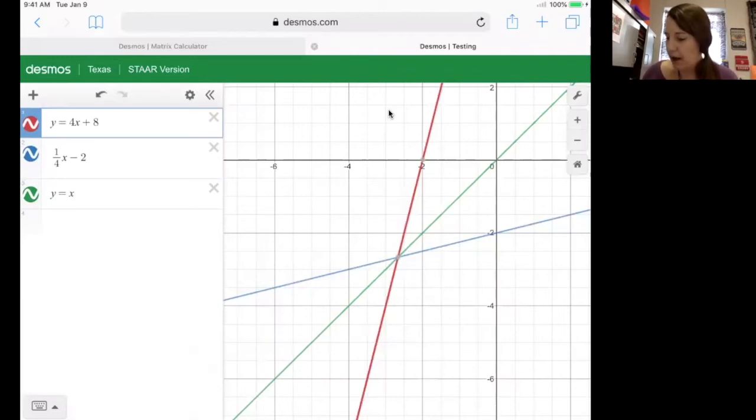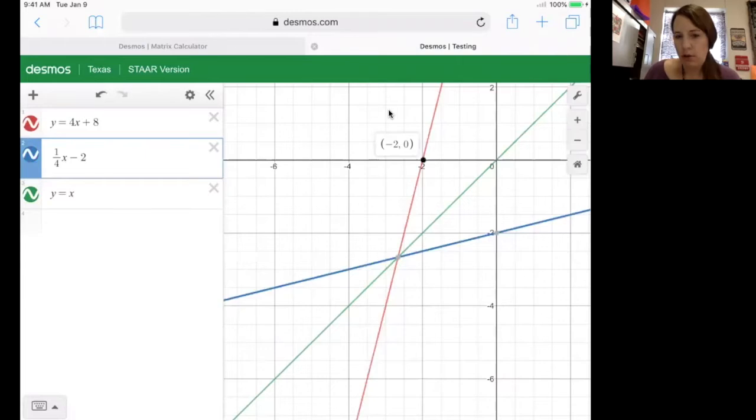If we looked at it ordered pairwise, the red line has an x-intercept at -2, 0. If we wanted to find the inverse of that, remember we switched the x and the y values. So that means the blue line should have a point 0, -2. If I click right here, yep, 0, -2. So those do reflect across the line y equals x.